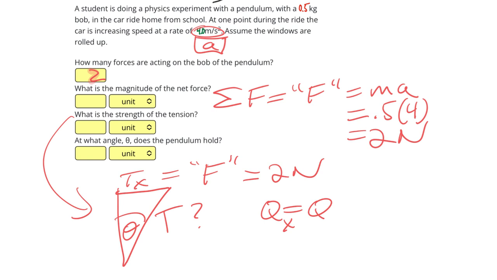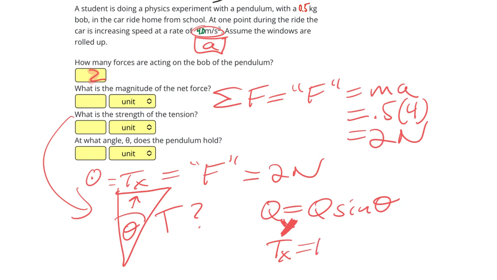Well, in this case, Tx is the opposite side, so this would be really like Qy equals Q sine of theta. You can see that that's the opposite side, right? So Tx is really not the y component, it's the opposite side.